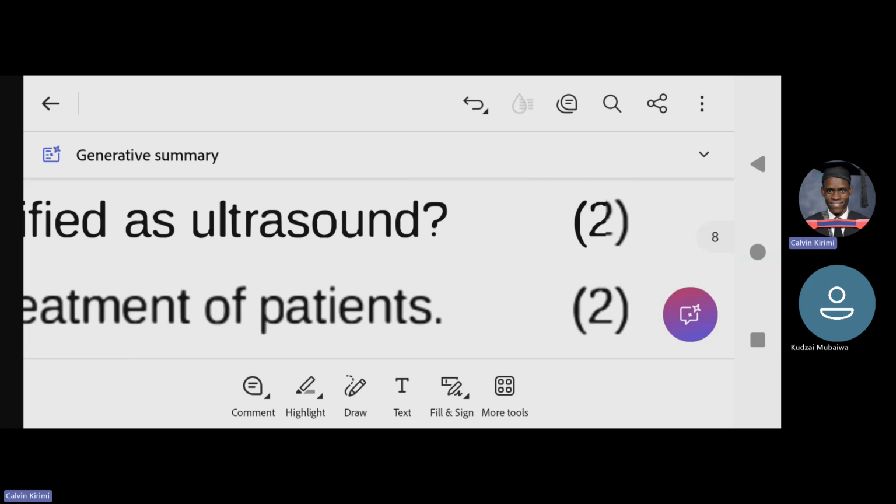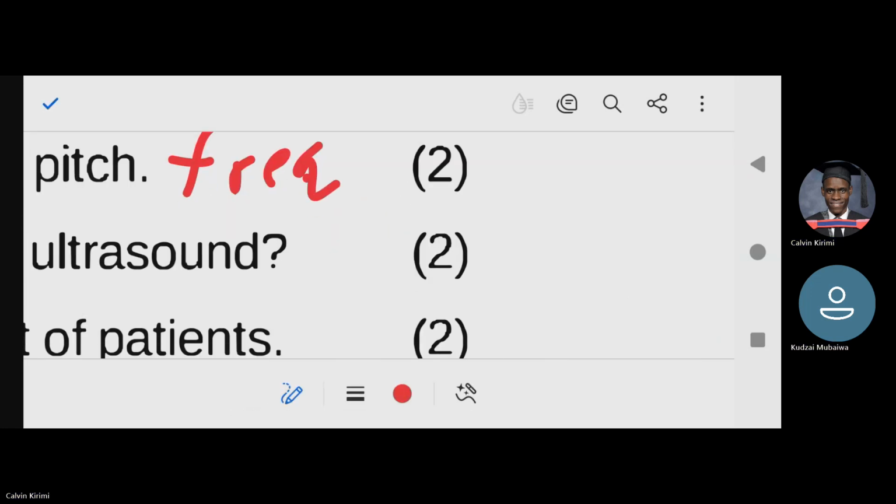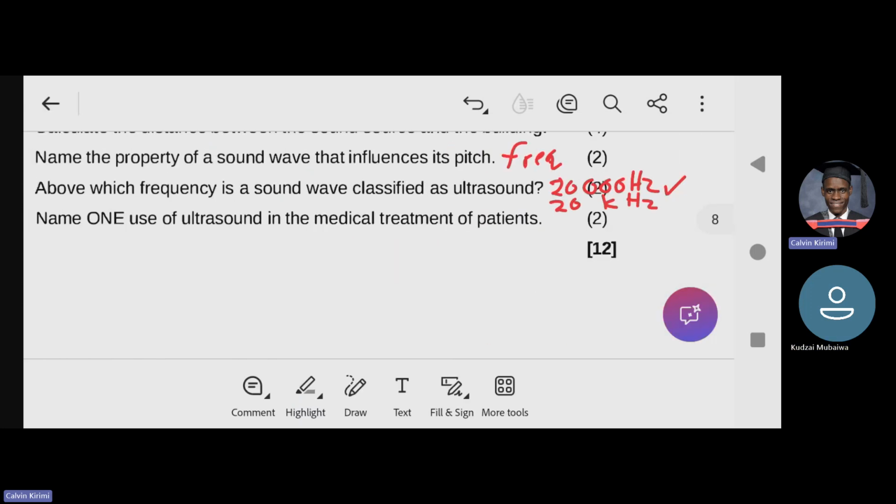So, yes, if a sound exceeds a frequency of 20,000 hertz, then we call it ultrasound. 20 kilo, kilo means multiplied by 1,000, so 20 kilohertz. So that is ultrasound. So you must know. We call it ultrasound because it has exceeded 20,000 hertz.